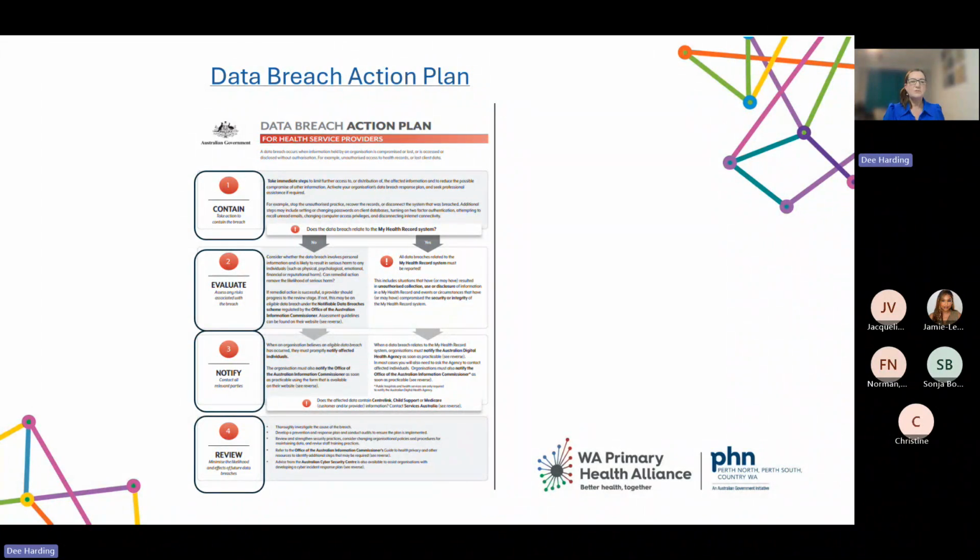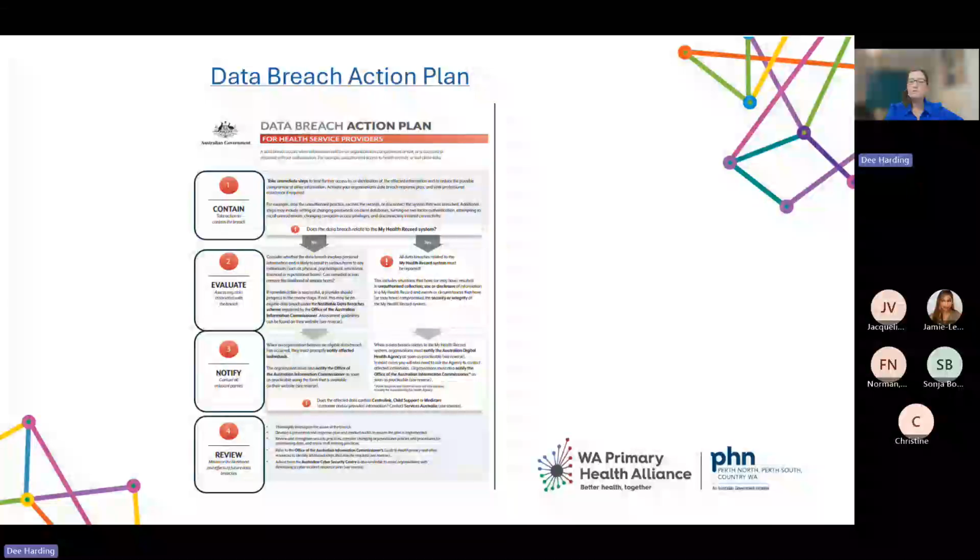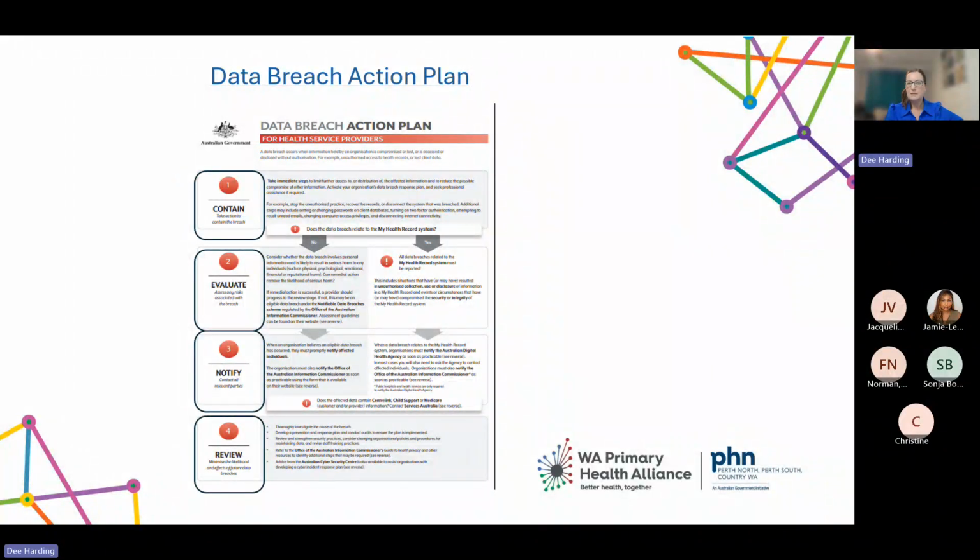So you have to take steps to mitigate and thoroughly investigate the cause of any breaches. You have to develop a prevention and response plan and conduct audits to ensure that the plan is actually implemented. You have to review and strengthen your security practices.